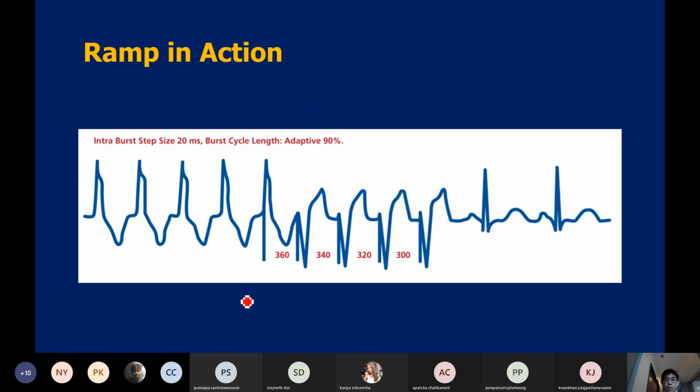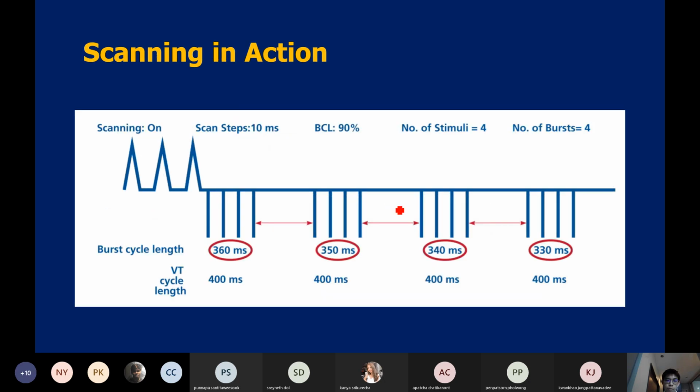This is ramp. Ramp is when each pace is at a shortening cycle length. If it were a burst, it would stay at like 360 for all of the paced beats. And this is one set of burst or one set of ramp. This is scanning.